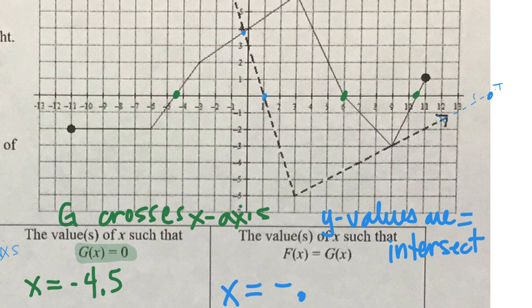Negative, maybe, I don't know, what should we call this? Whatever you want. You can put whatever decimal you want there between 1/2 and 0. Whatever your interpretation is. And then again over here at x equals 9, is where they touch again, right? Not actually crossing, but they do happen to intersect.